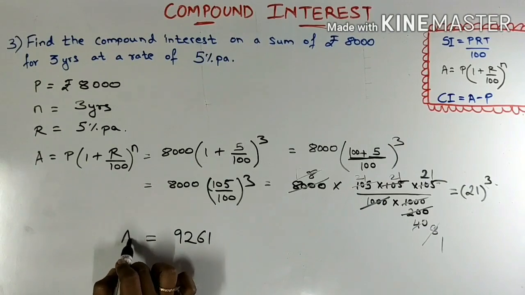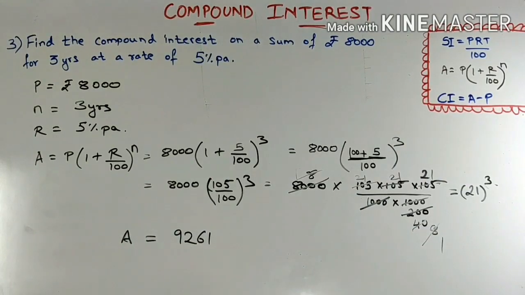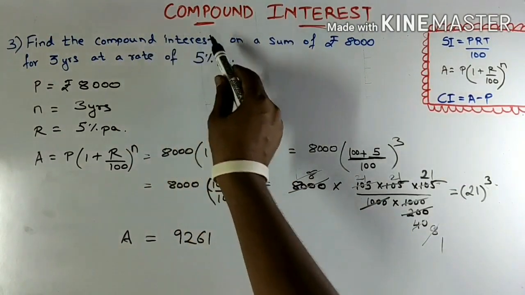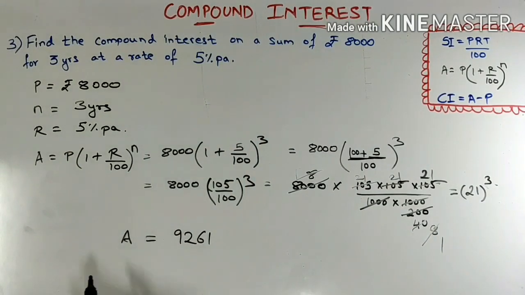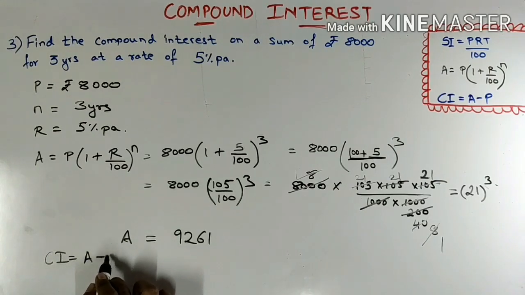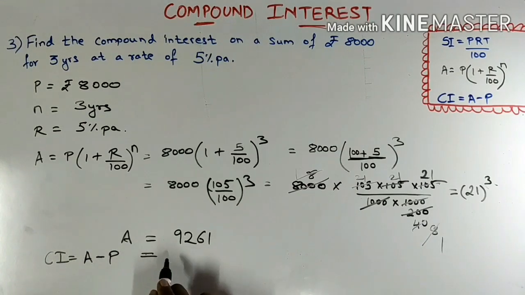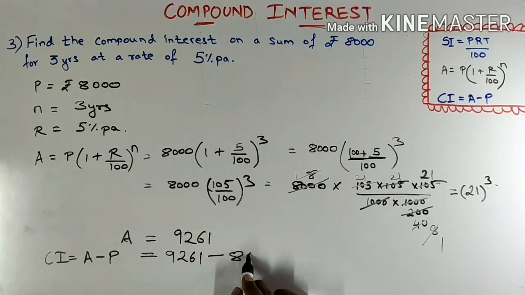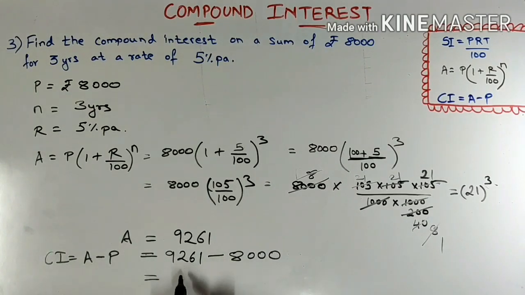So this is the amount at the end of the third year. But since we are asked compound interest, we are supposed to use the next formula. Compound interest is equal to amount minus principal, which is nothing but 9,261 minus principal was 8,000, which gives me rupees 1,261 only.